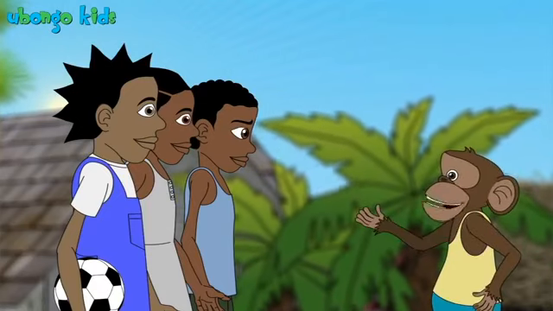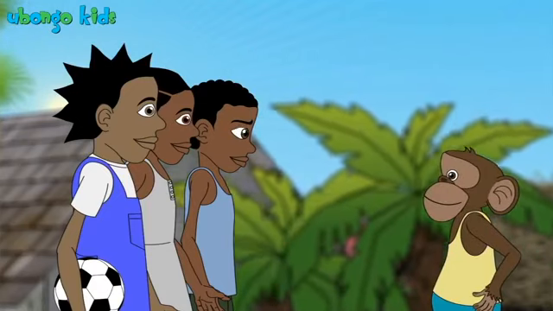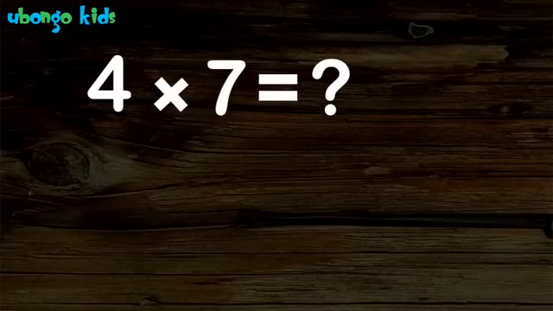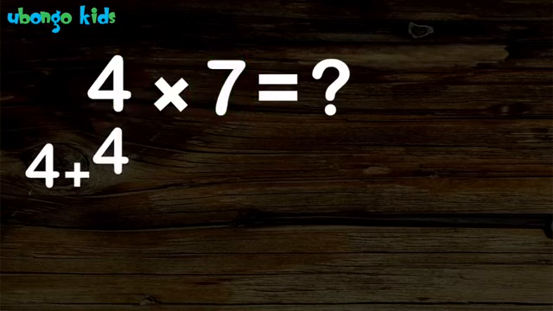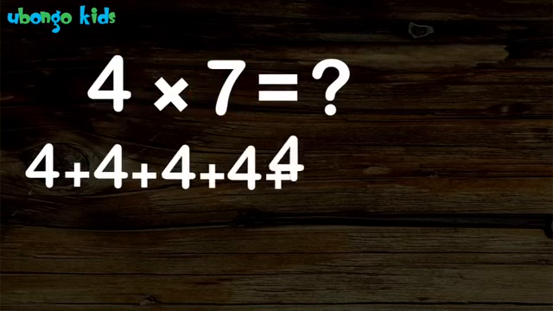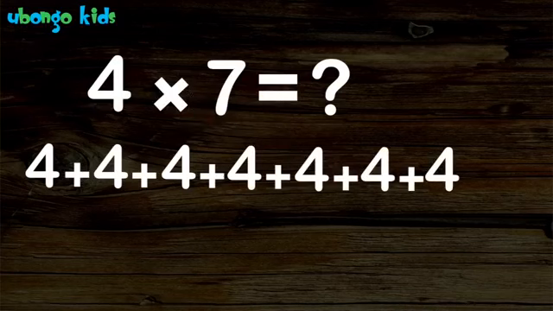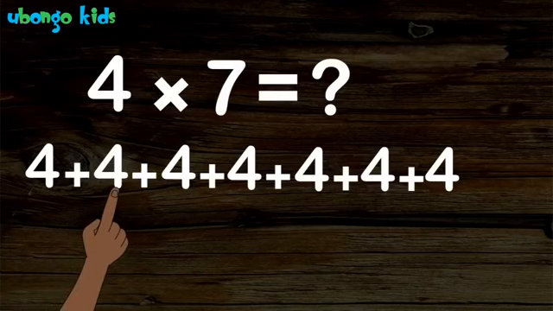How should I know? 4 times 7 means 4 plus 4 is 8.